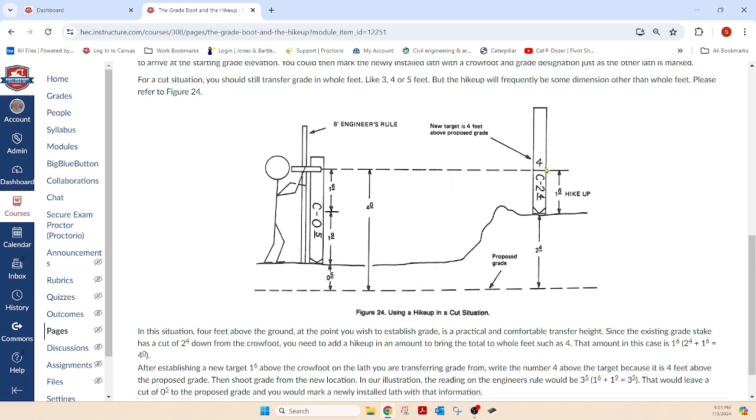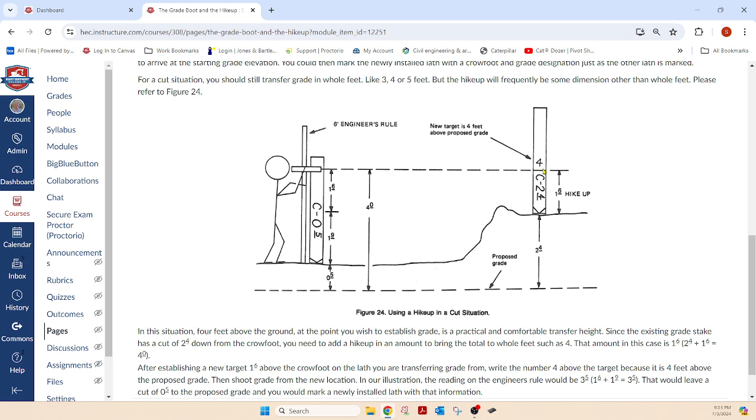The definition of a boot is a known point above proposed grade or finished grade, whatever you want to call it. A known elevation above finished grade. So I arbitrarily picked a 4-foot boot. I could have put a 3-foot boot, but that would put me down here basically another foot, and I'd be back in that situation. So this will give me clearance.